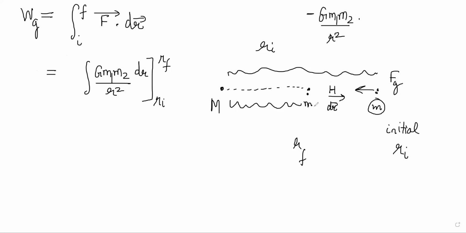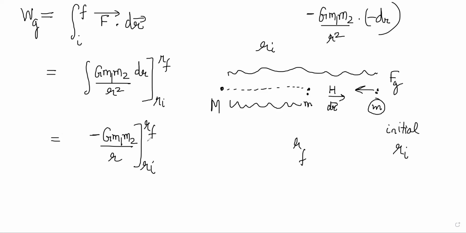Yes, sir. dr is generally this direction, force is this direction, so it becomes minus minus and it becomes plus, right? Yes, sir. Finally, you'll get after integration minus G m1 m2 by r, and you'll put Ri to Rf.